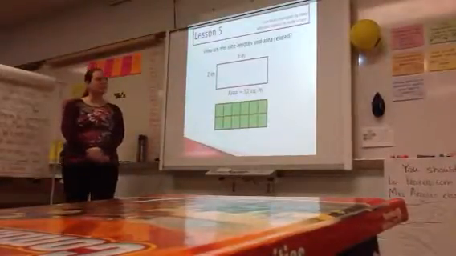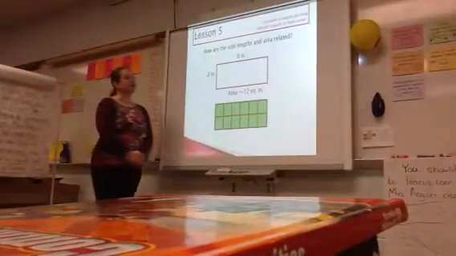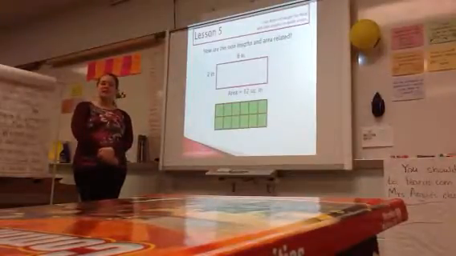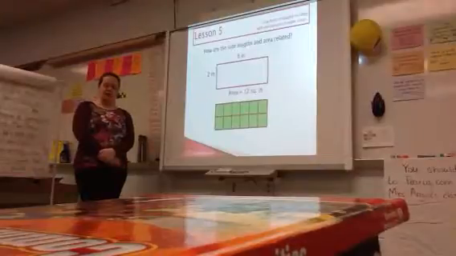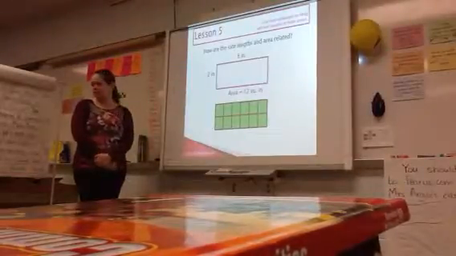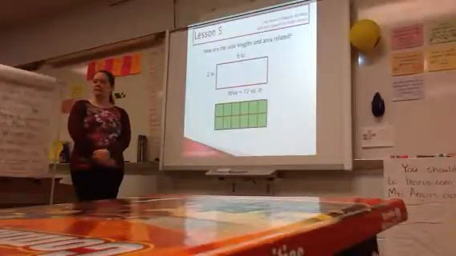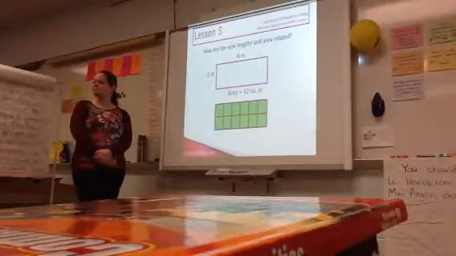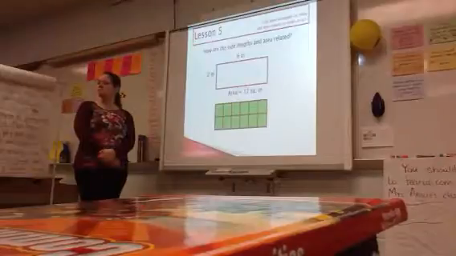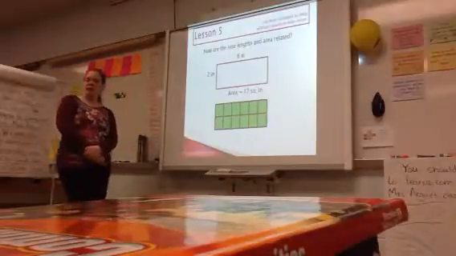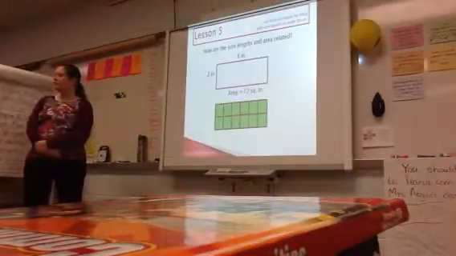So how are the side lengths and the area related to each other? Because we know that when we tile, it makes an array. What do we do with those side lengths to find the area? How do I use the 2 and the 6 to find the area of 12?